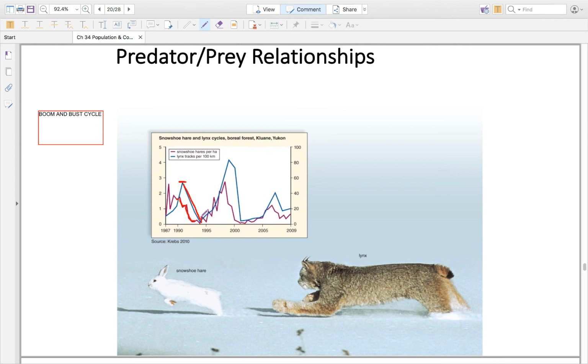And then the rabbit will recover, and as the hare recovers, so will the lynx population. But when the lynx gets too high, the same thing will happen again. They eliminate the hare, and they are eliminated in turn. Not completely, obviously. There's got to be a handful that survive to repopulate. So this is a typical boom and bust cycle, and predator-prey relationships typically fall under the boom and bust cycle.